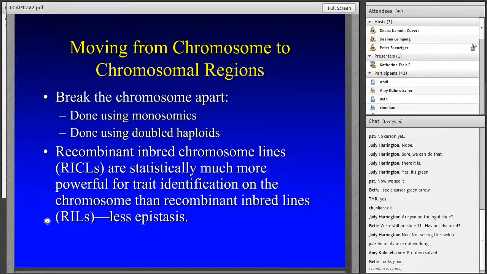Now, you need to understand that compared to RILs, or recombinant inbred lines, recombinant inbred chromosomes are statistically much more powerful. 50 recombinant inbred chromosome lines are the equivalent of a population of roughly 200 RILs. And it's basically because we've leveled out the background. So if you have just recombination on one chromosome with a uniform background, you can have much more precise measures.